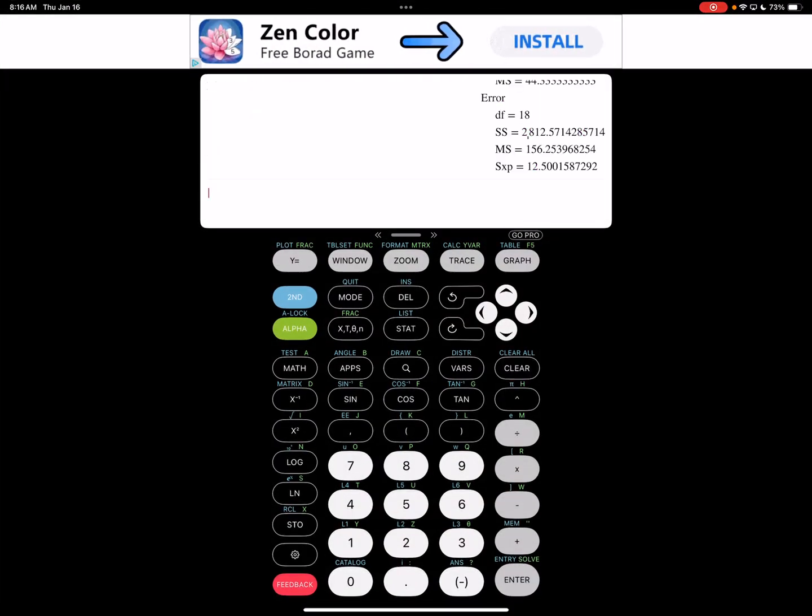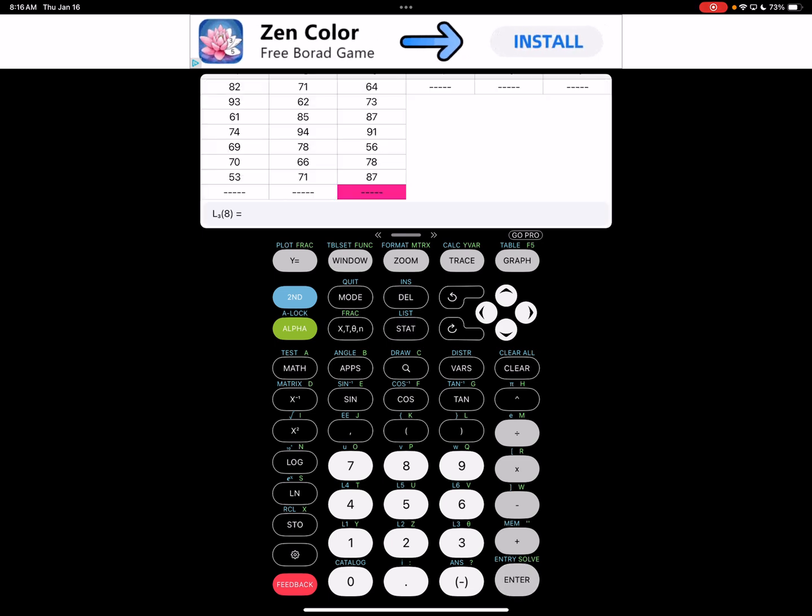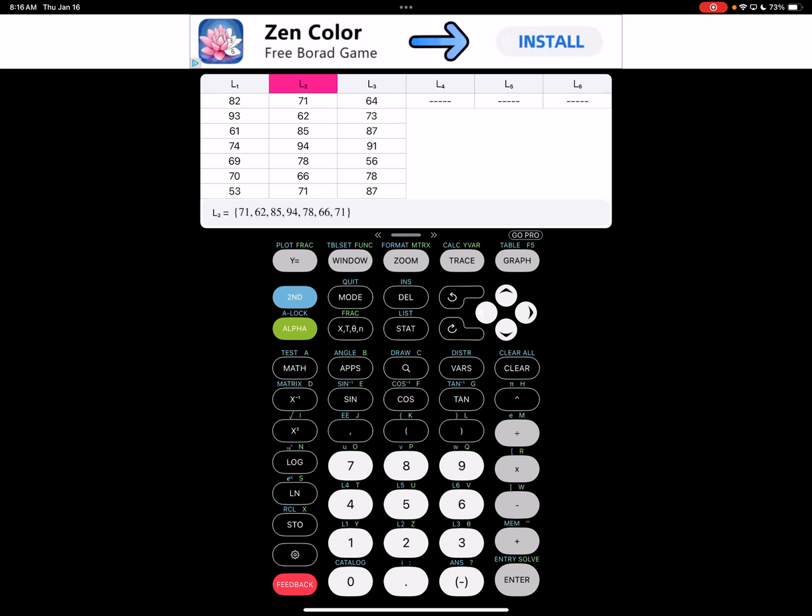And we're going to go to Stat, we're going to go to Edit, and we're going to put our data in our list. So you can see here, in List 1, I have my first group of student scores. So I have 82, 93, 61, 74, 69, 70, 53. Okay? For List 2, I'm going to put the year 2 scores.